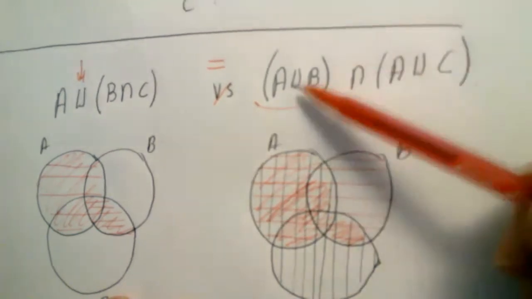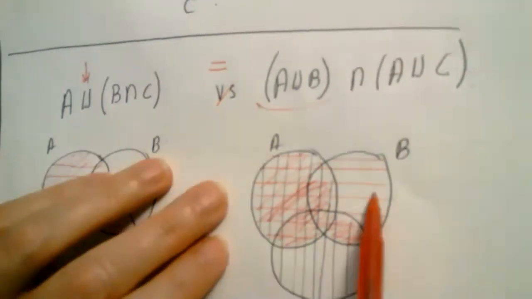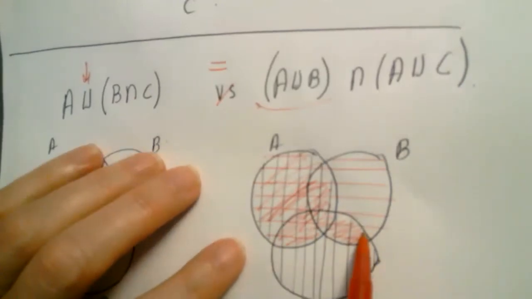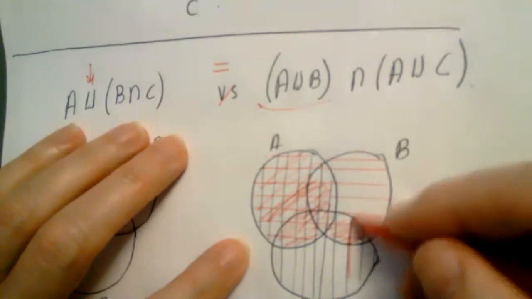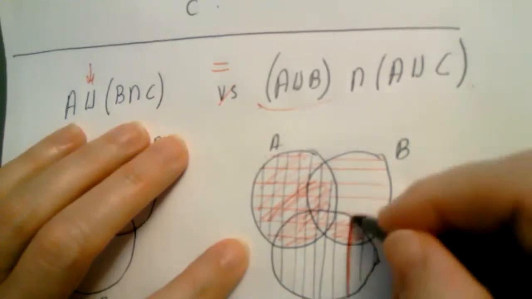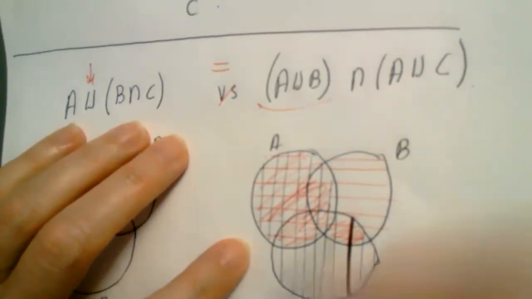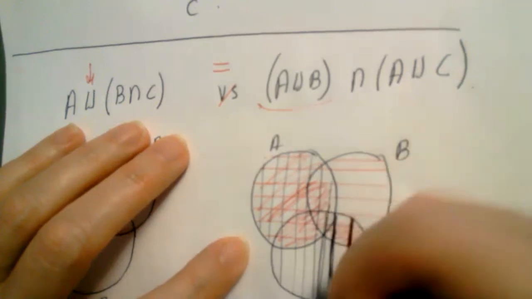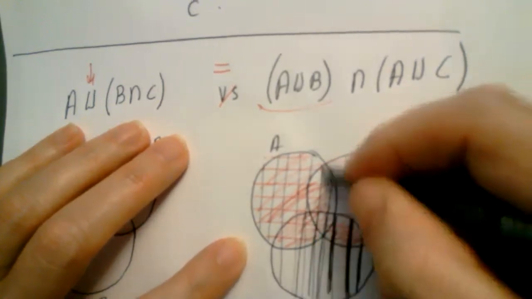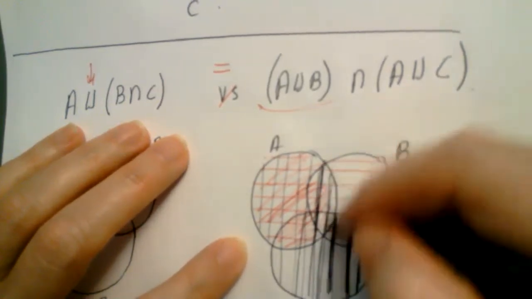Okay, so A union B is this whole thing. A union C is everything, even this piece, because that's in C. This is in C, so it's in A union C. Everything in C, and even this piece because it's in A, and this piece.